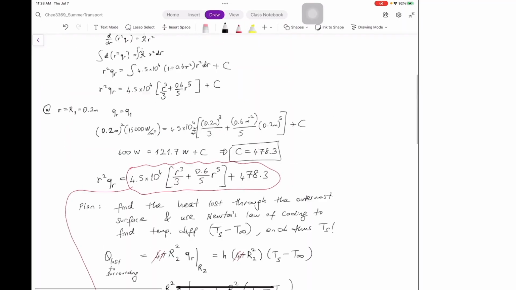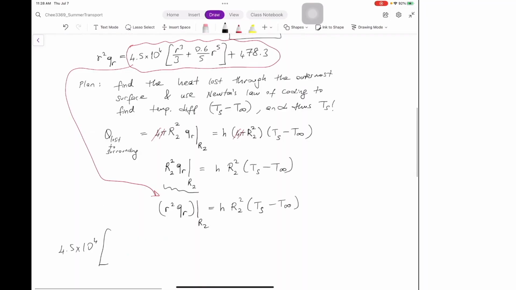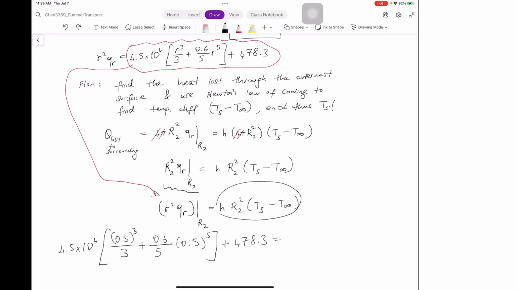R2 is 0.5 meters, so I'm going to plug in 0.5 cubed divided by 3. Let's forget about the units for the time being. Plus 0.6 divided by 5, 0.5 to 5, plus 478.3 is equal to the right-hand side now.